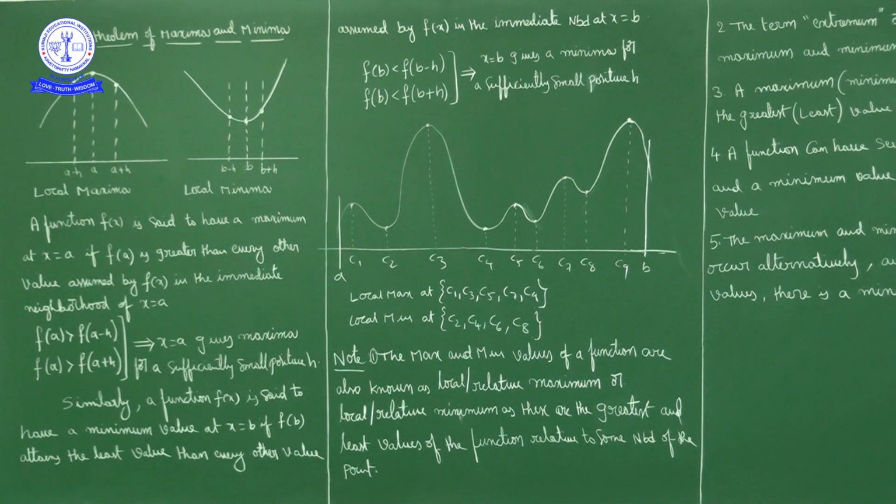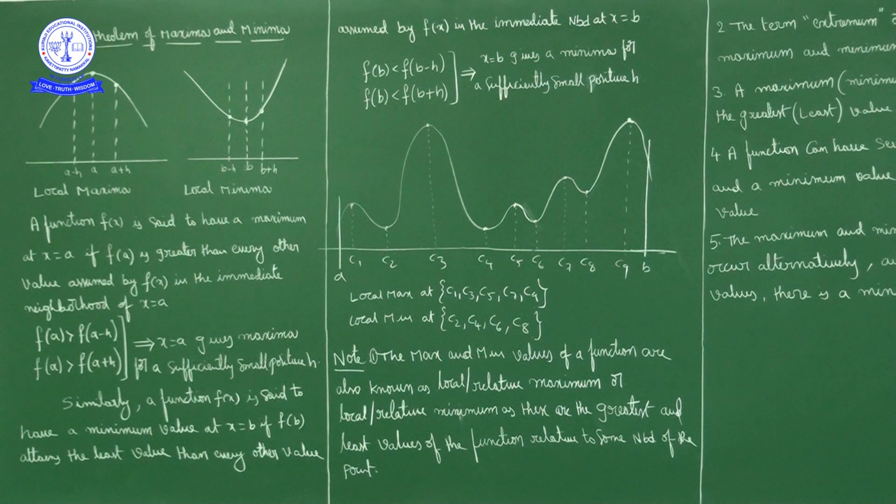These are all called local maximum and local minimum. Local maximum at c1, c3, c5, c7, c9, local minimum at c2, c4, c6, c8.